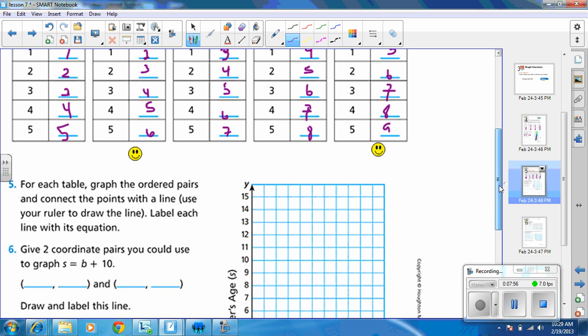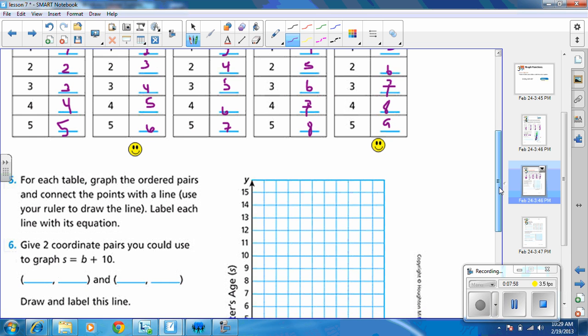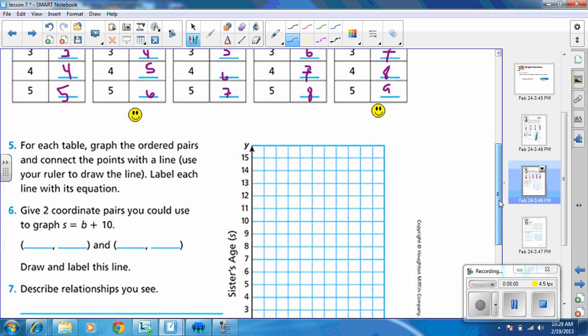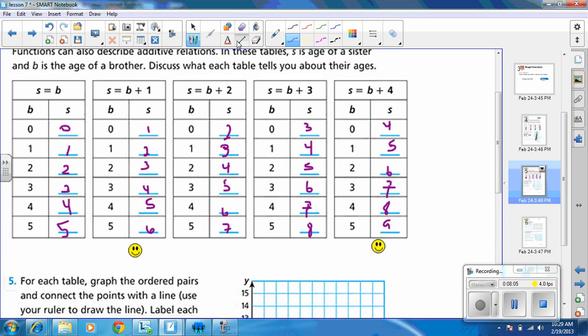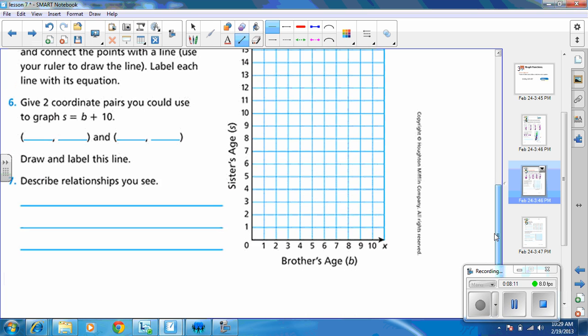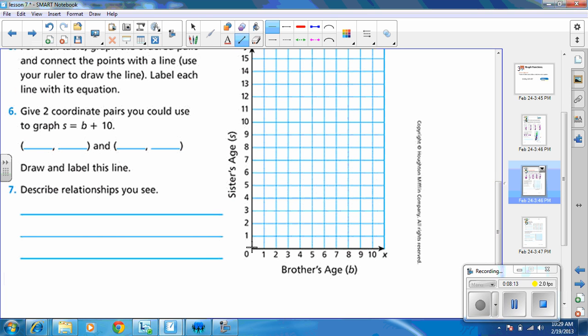Okay, so got your function tables filled in. So now you're going to graph the ordered pairs and connect them up. Okay, so this first one, again, if you looked at its ordered pairs, you would see 0, 0. They're always going to be the same. It's incrementing up by 1 each time. So I'm going to start at 0, 0, and I'm going to increment up 1 each time. And I could carry this all the way out as far as the graph would let me go, right?